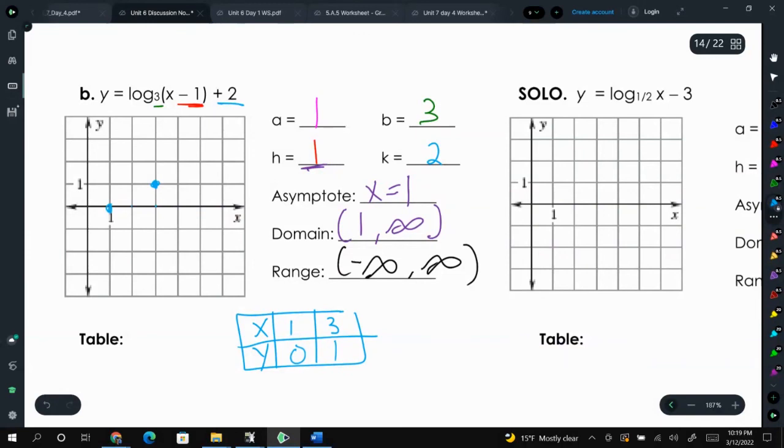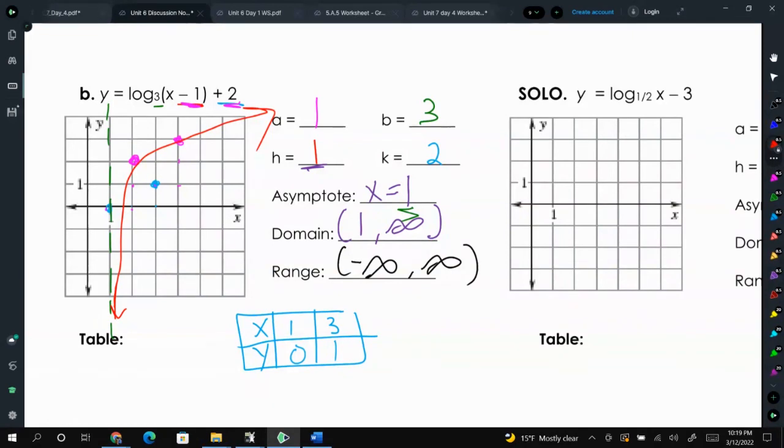But we're going to move each point right 1 and up 2. So right 1 and up 2. Right 1 and up 2. And our asymptote is at x equals 1. So here's x equals 1. There's our asymptote. So then our graph looks like that.